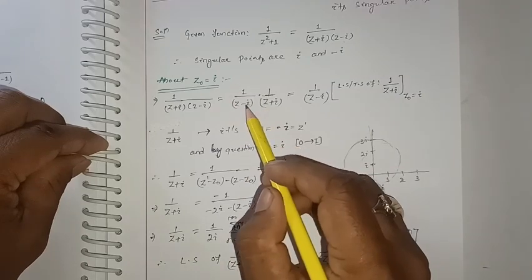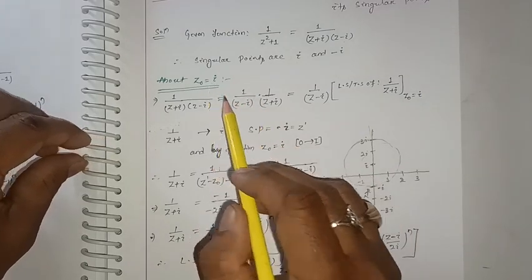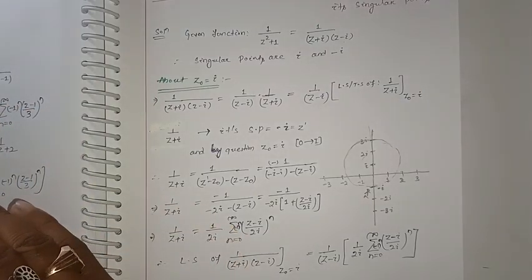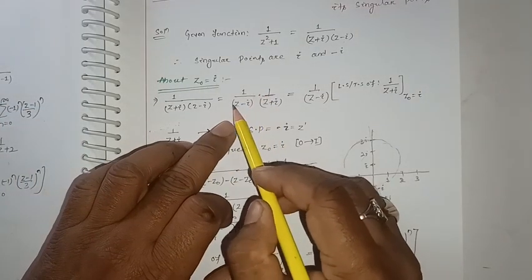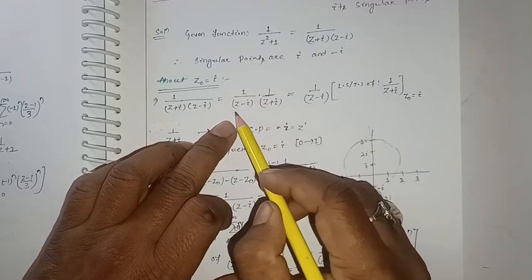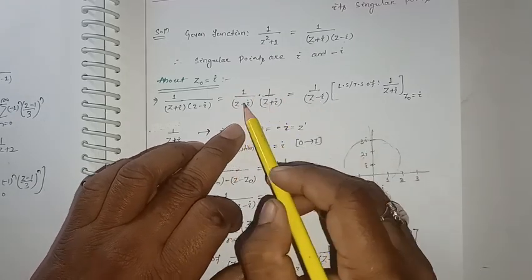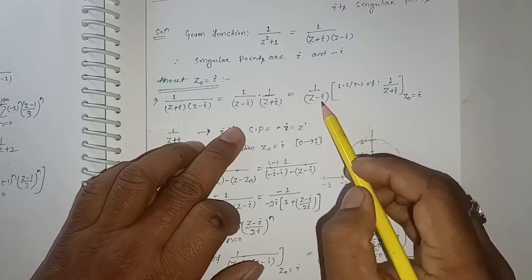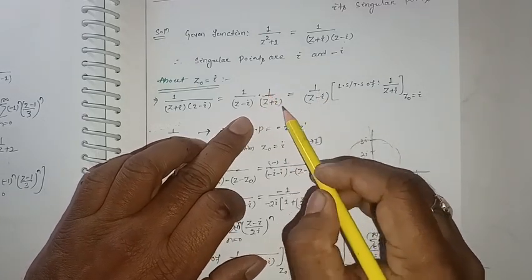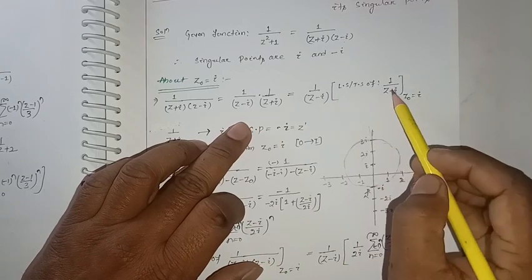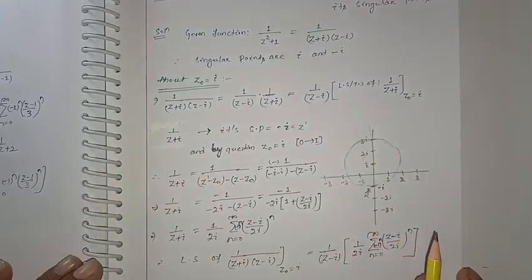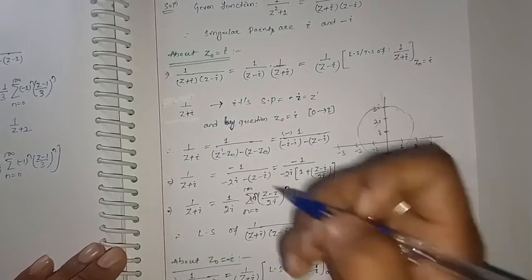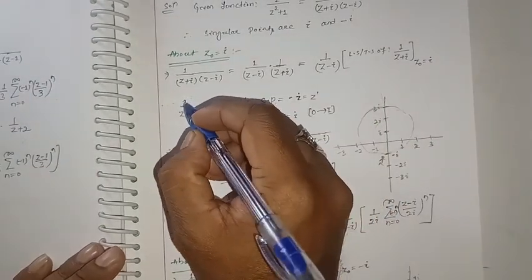For the function 1 by z minus i, i is the singular point, as we just discussed. So the Laurent series of this one about its singular point is simply 1 by z minus i written as such, and then we have to find the Laurent series, or the so-called Taylor series, of 1 by z plus i about z0 equal to i.